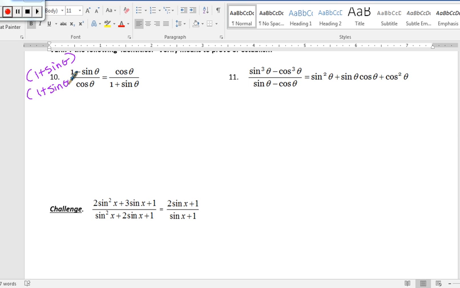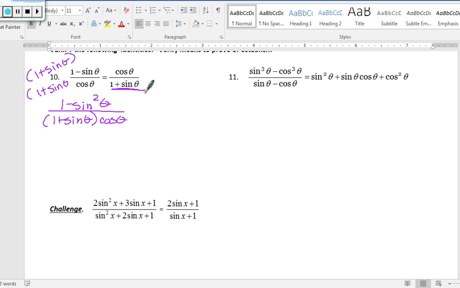In the numerator, I will get myself 1 minus sine squared theta over 1 plus sine theta times cosine theta. I purposely didn't distribute this at this time because this is what I'm looking for in the denominator over here.